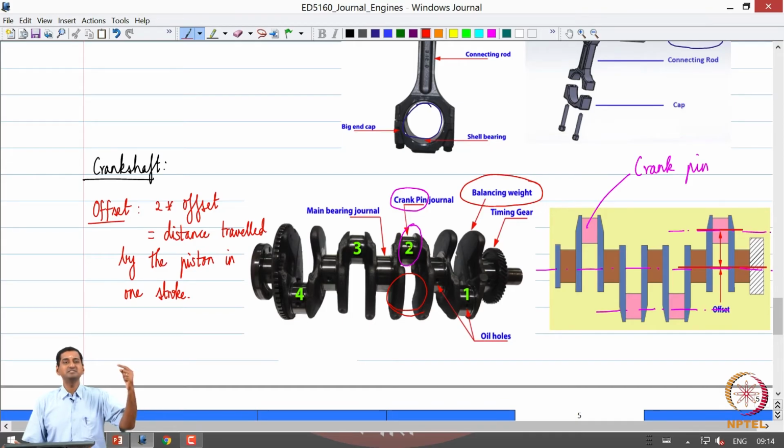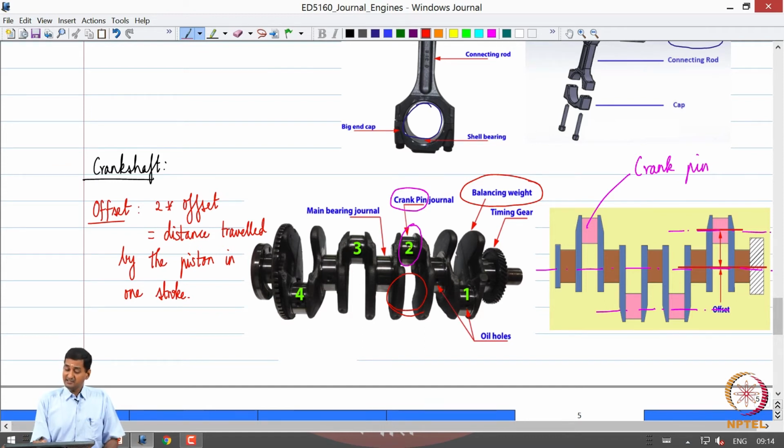One will be a tangential component which will rotate the crankshaft, and there will be a radial component which can cause vibrations. So, what we do is attach these counterweights or balancing weights to reduce those vibrations to the maximum possible extent. So, that is what we do.